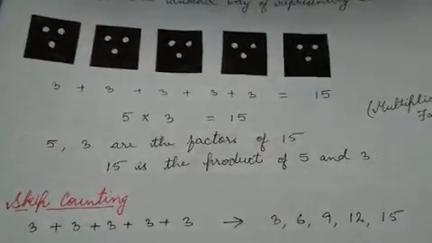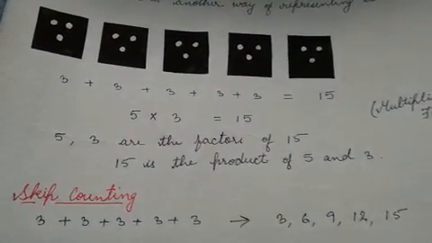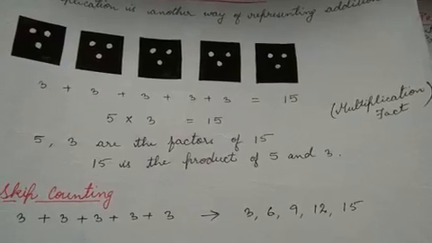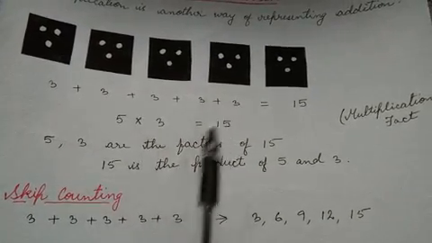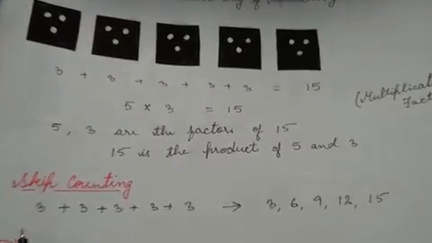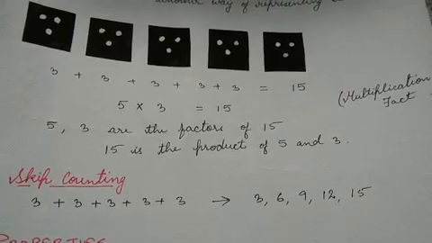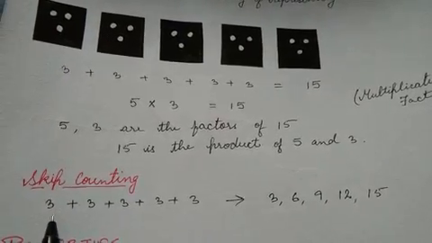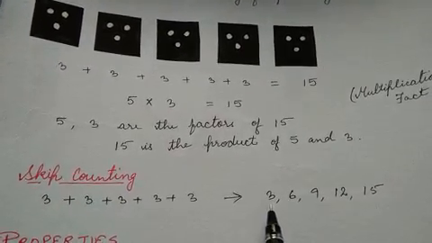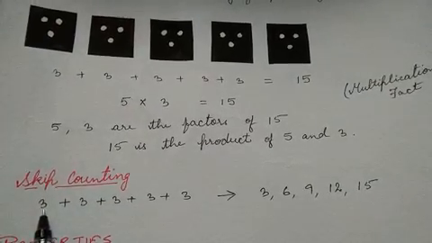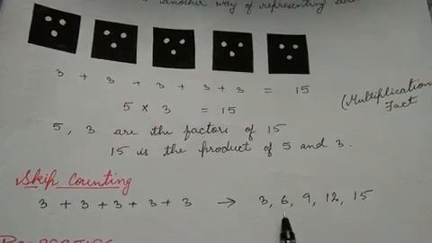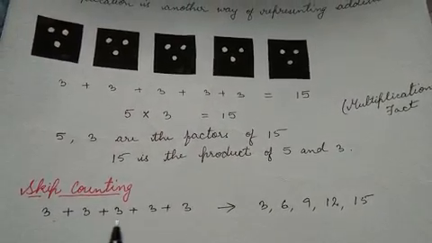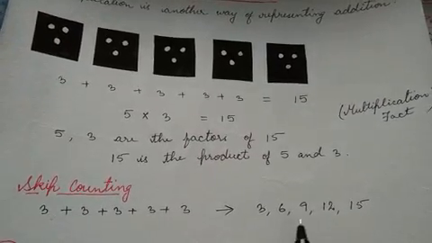Now skip counting. So what is skip counting? Skip counting, you have learned this already. Skip counting is the same thing we write like this. See, I have taken the same numbers here. This 3 is here. Now 3 plus 3 is 6. The first two numbers taken together give 6 here. Now the first 3 numbers taken together is here.